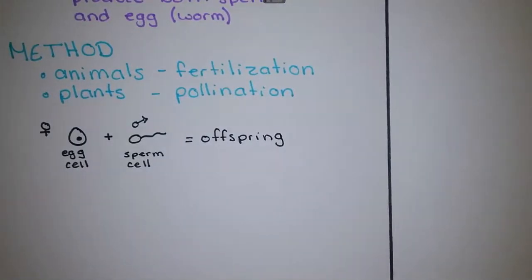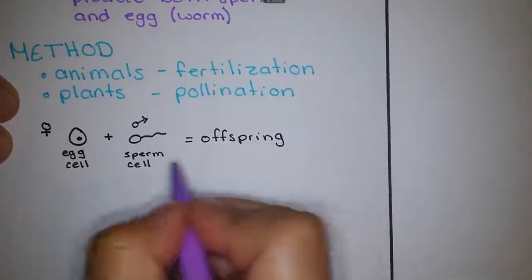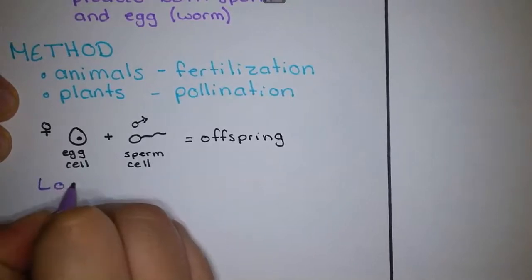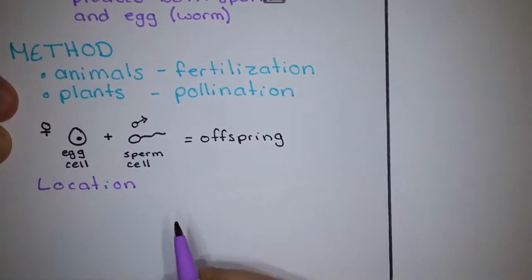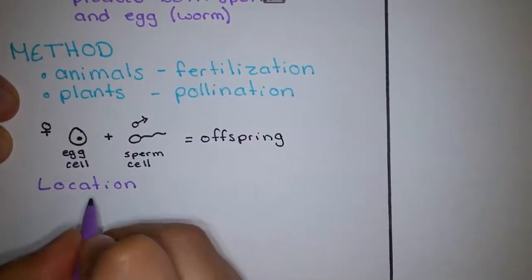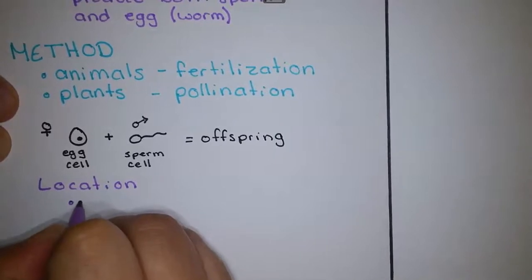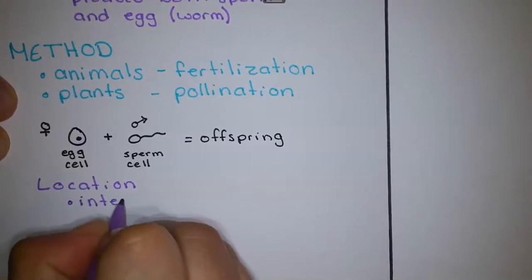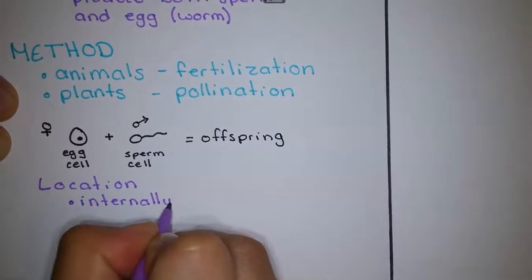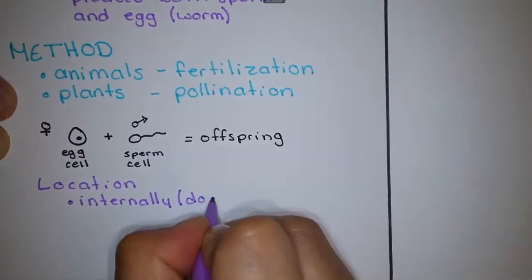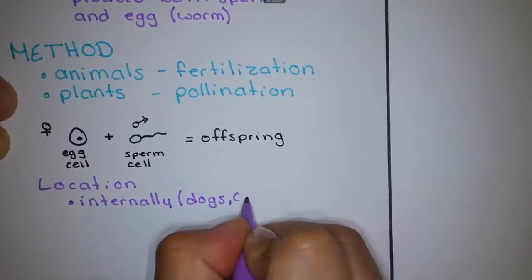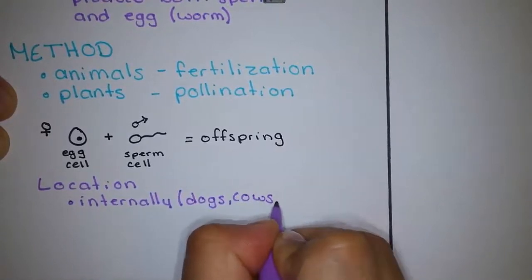And where is this happening? So the location. Examples are when it happens internally, okay, would be an example for dogs, cows, humans.